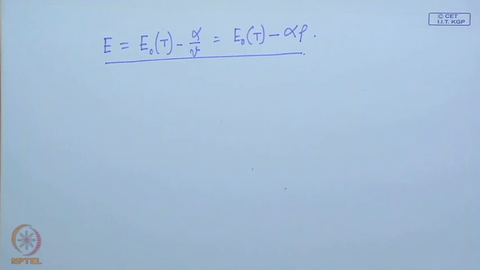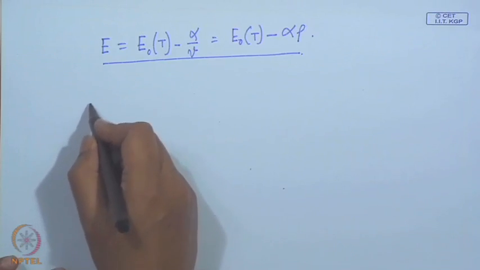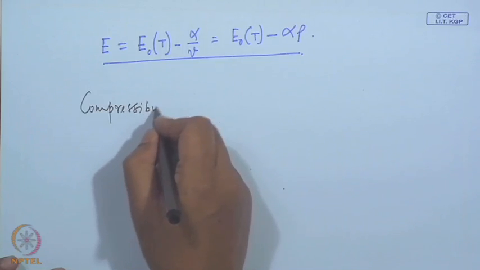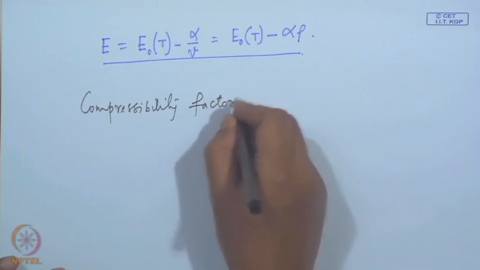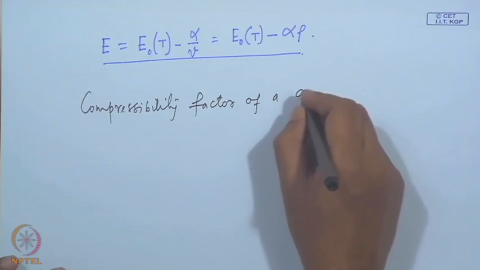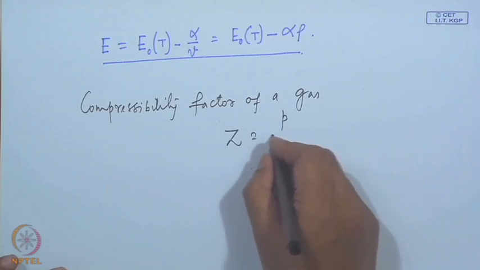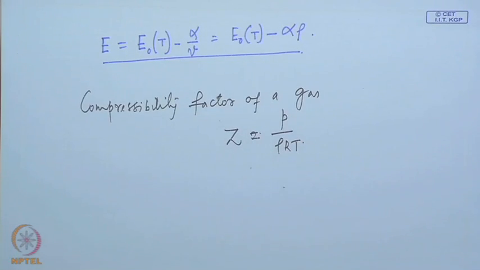Now we define a very important parameter, which is known as the compressibility factor of a gas, usually denoted by Z, which is P by rho R T. So, the perfect gas has compressibility factor Z equal to 1.